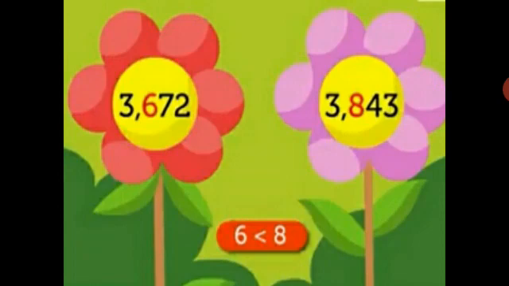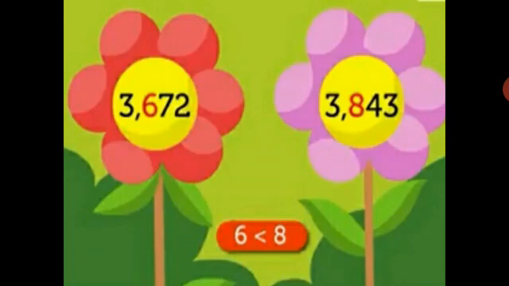So here we write the symbol. 6 is less than 8. So 8 is the greatest number. The greatest number's side mouth is open, the smallest number's side mouth is closed.